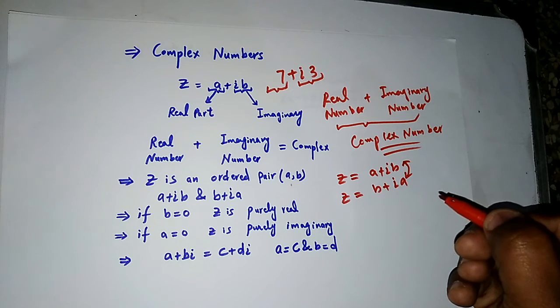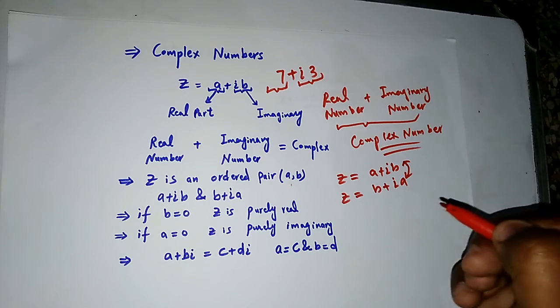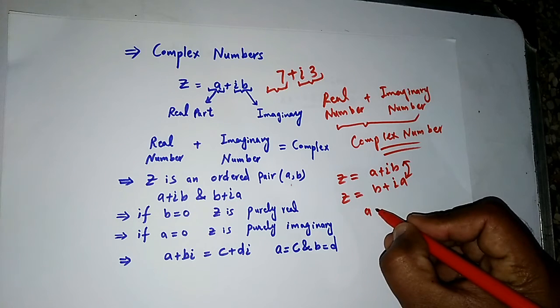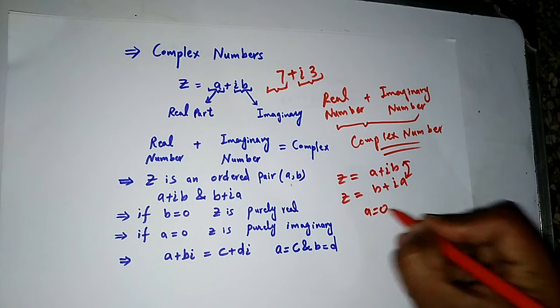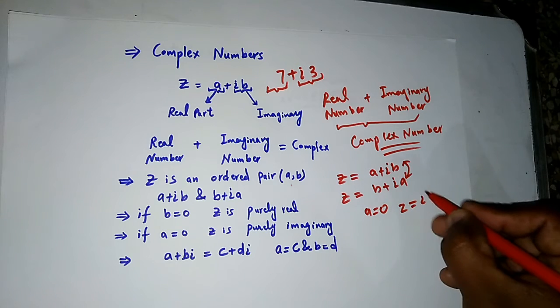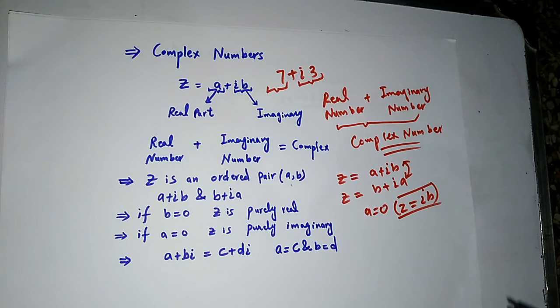So this point has to be noted that complex numbers are ordered pairs. Now if a is equal to 0, then we will get z is equal to iota b. So in this form, the complex number is purely imaginary.